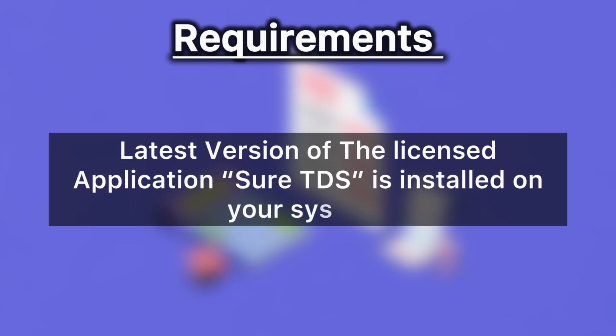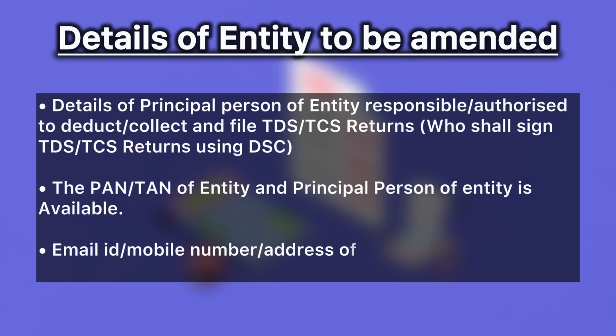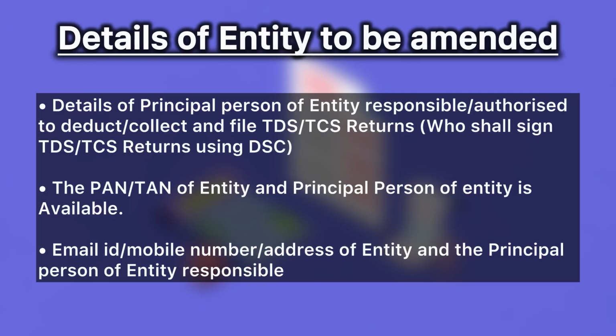First of all, the latest version of the Sure TDS application should be installed on your system. You should have all the key details of the entity which you want to add. The key details means the PAN, TAN, the PAN number of the principal person of the entity, email ID, mobile number, address, all the basic details required for the entity master, ready and handy with you before you start this process.